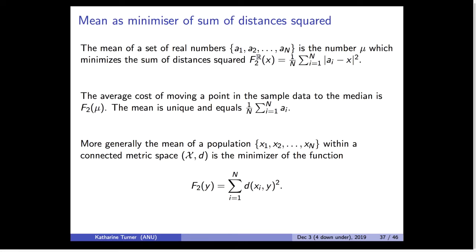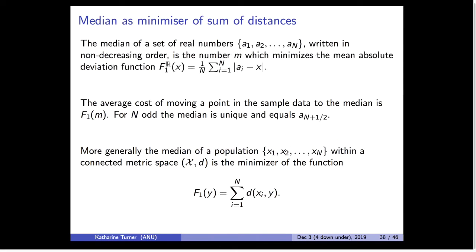But notably, it does depend upon this D. I've written D here suitably and with the ambiguity. I have a metric space, it has some distance function. So my choice of mean is going to be dependent on what that choice of distance function is. If I change my distance function, my mean will change. This is not controversial.